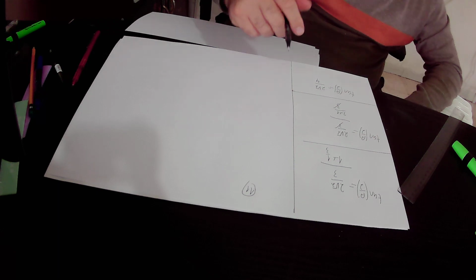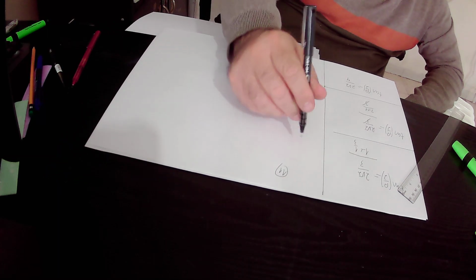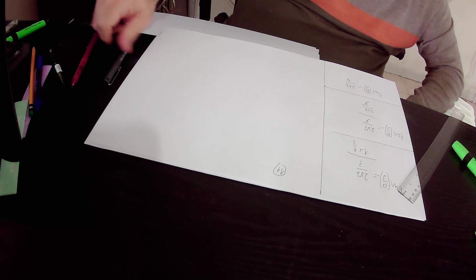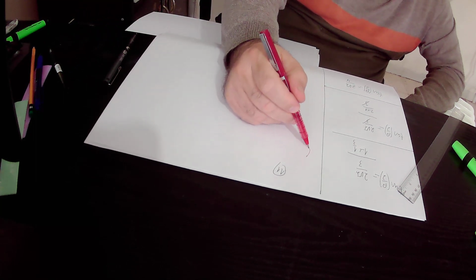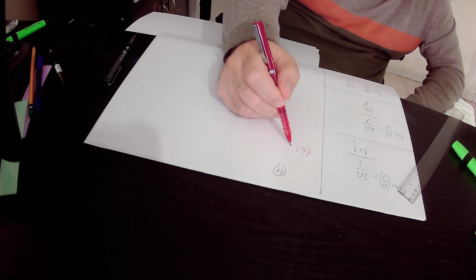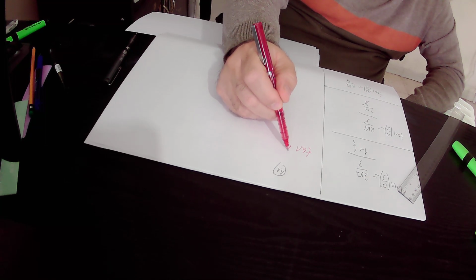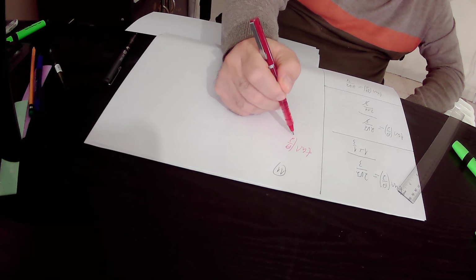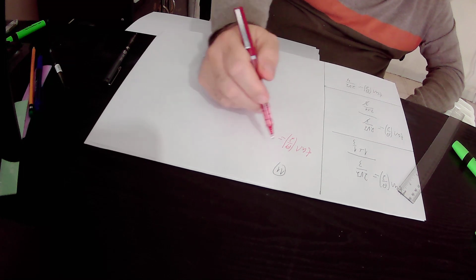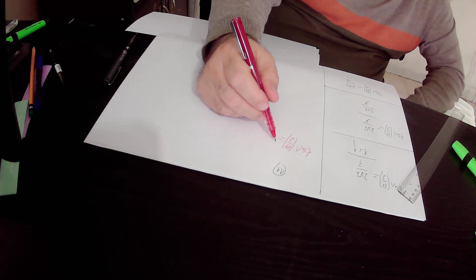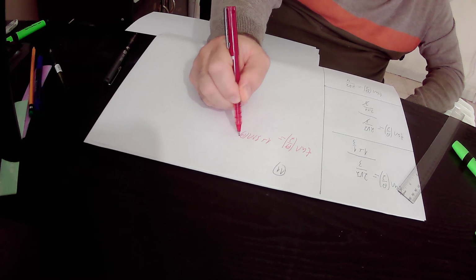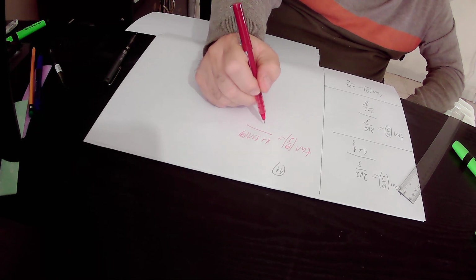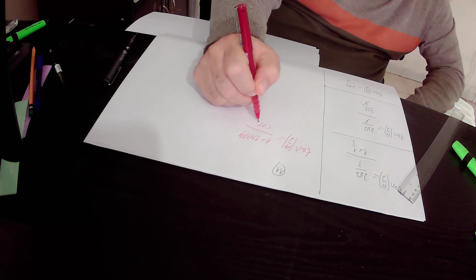Actually, the trigonometric identity of tangent theta over 2 is equal to 1 plus sine theta over cosine theta.